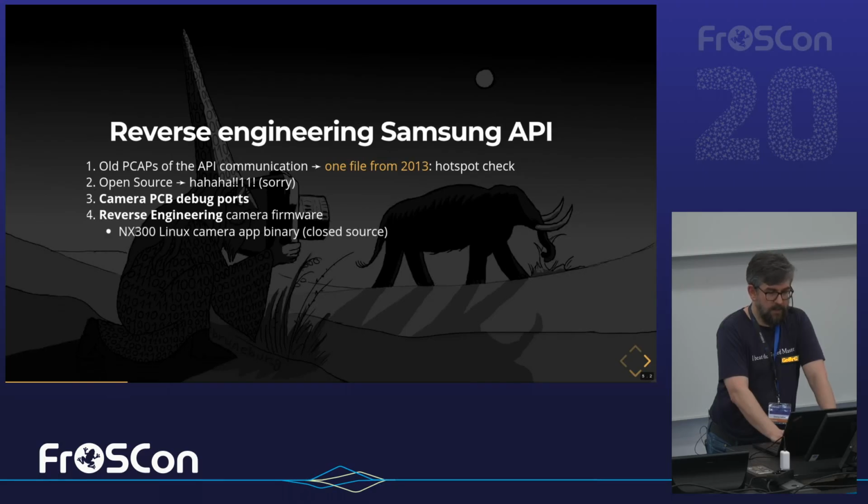I have had a look into the camera app for the NX300 camera, which is running Linux and an open closed source camera binary. I've looked into another model which had forgotten debug symbols, and looked into the firmware structure for one of the high-end models with an unknown compression mechanism.